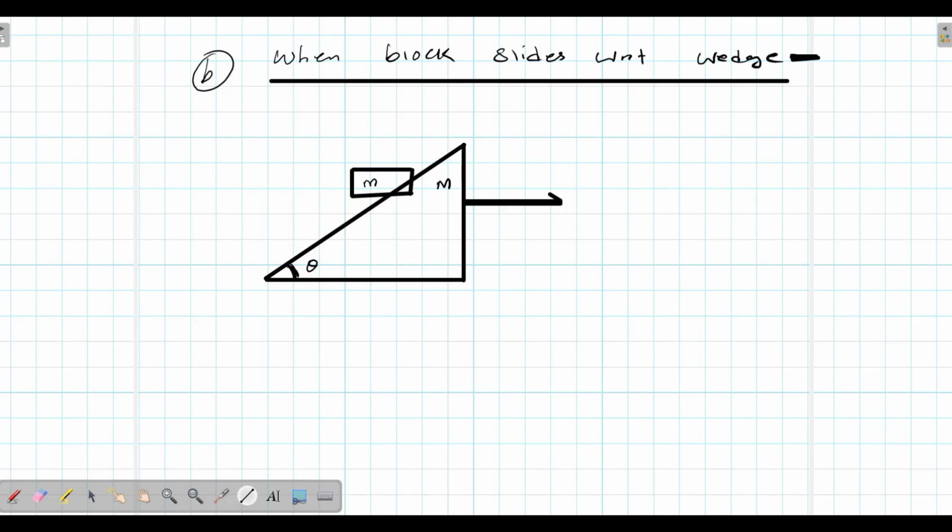This is the pulling force. This is m into a. This is mg. Weight is mg. N is the normal reaction.